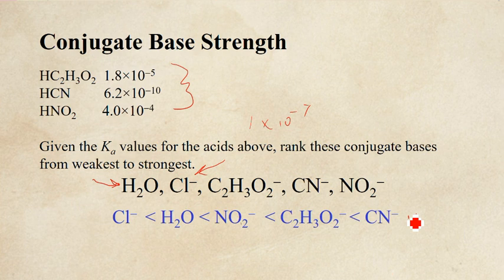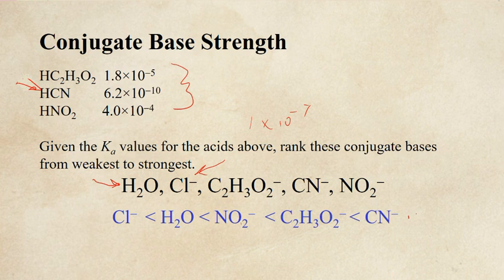Then we have water, and then we have nitrite, which comes from the nitrous acid, and we have acetate that comes from acetic acid, and the cyanide ion from hydrocyanic acid. So the weaker the acid, the stronger the conjugate base. And so our big winner was this guy. It's an extremely weak acid, so it has quite a strong conjugate base.